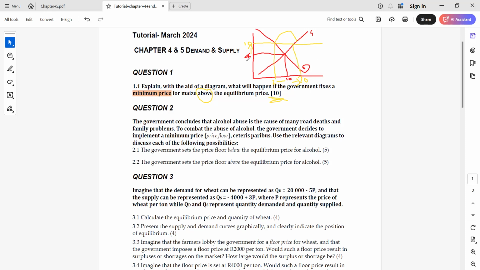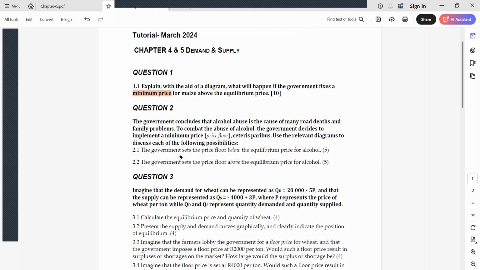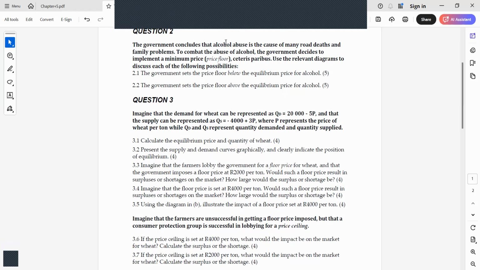And also, yeah, just that. And then number two, question two, they say the government concludes that alcohol abuse is a cause of many road deaths and family problems. To combat the abuse of alcohol, the government decided to implement a minimum. No, we did this, exactly this. We did it in the previous chapter, when we were doing chapter 5.